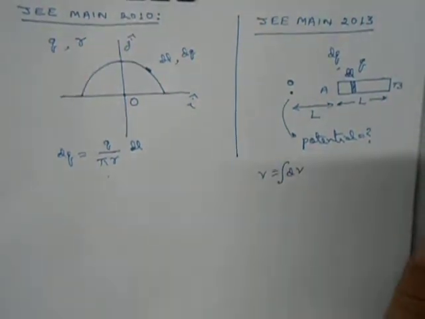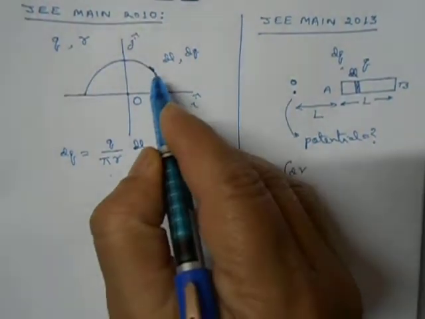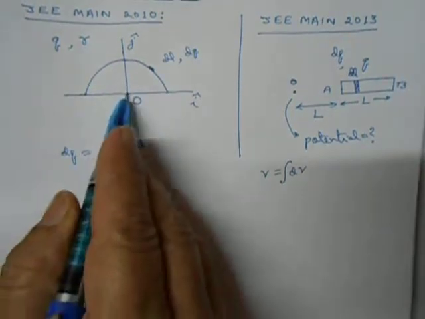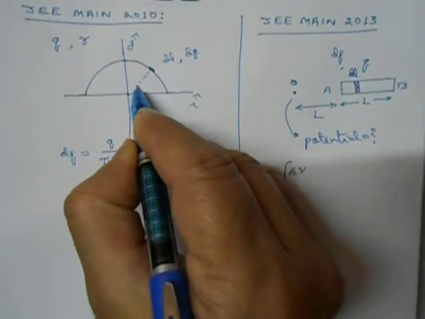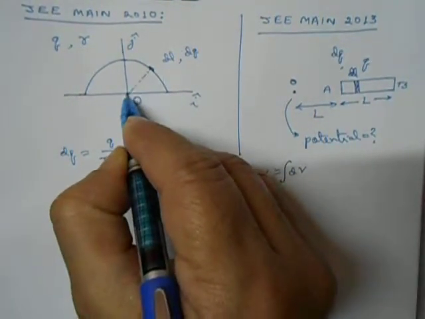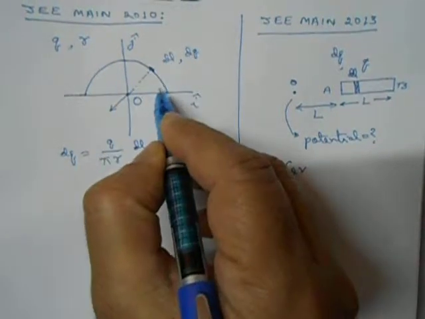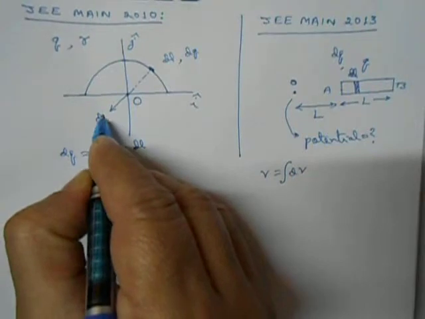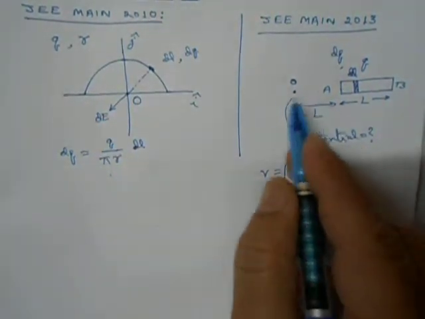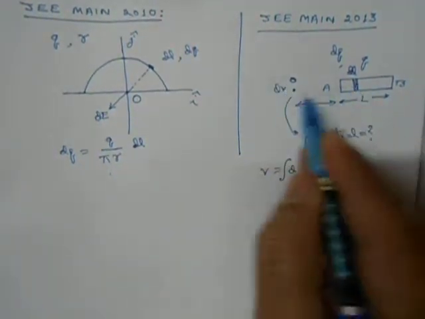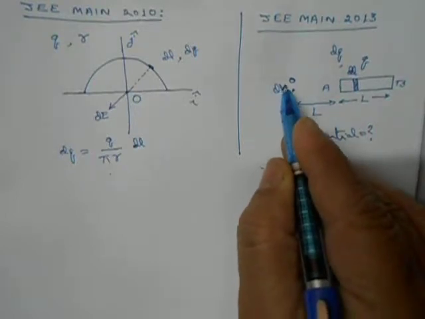Now for this sample element, the electric field here will be in this direction, because in the question it's given this is a positive charge q. So let's call it dE, the way I called it dV here. For this sample element that was potential, I called it dV.